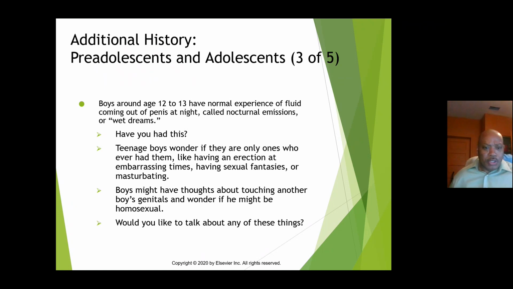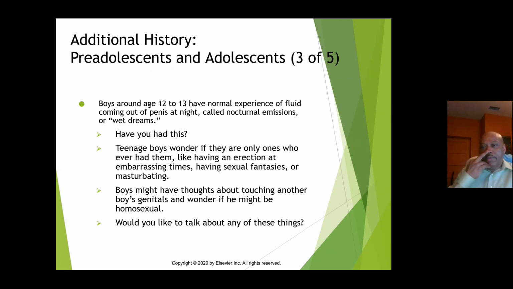If I didn't mention it, this information is on 690 to 91. Keep in mind, a young boy may feel guilty about experiencing these things if not informed that they are normal, and perhaps it may pass.